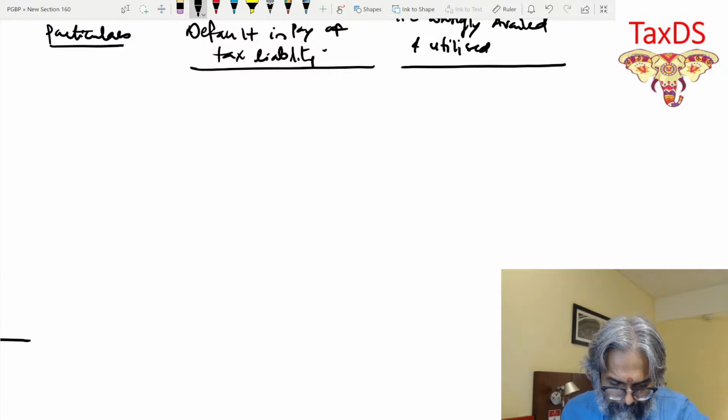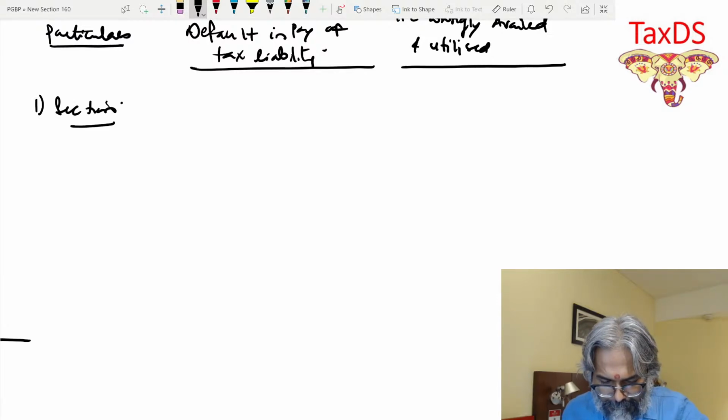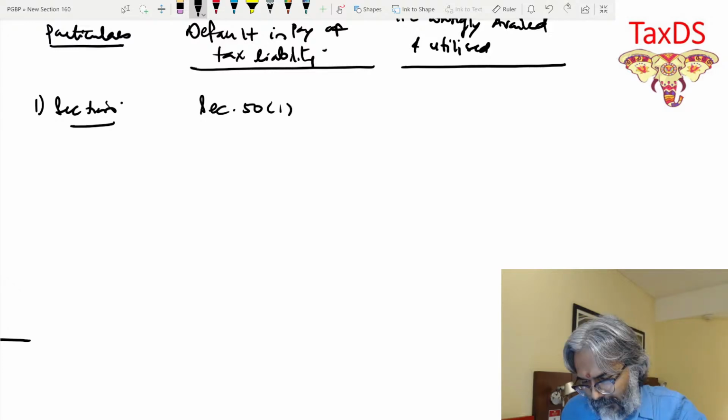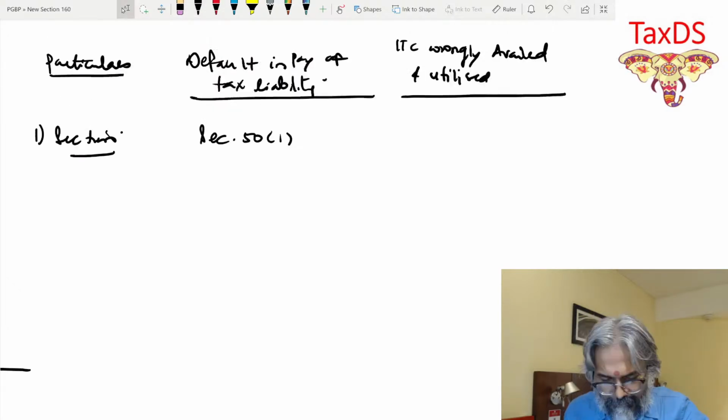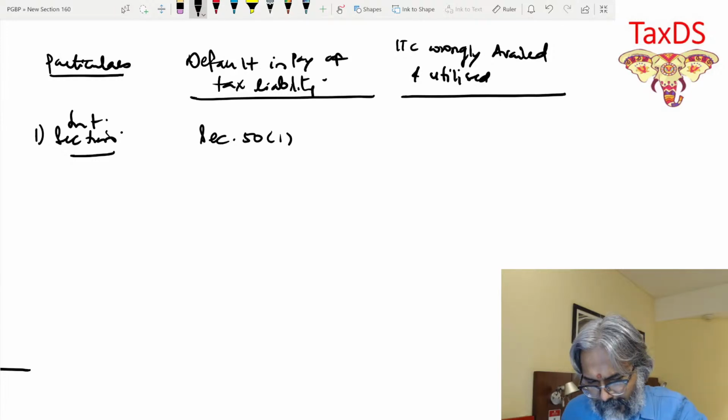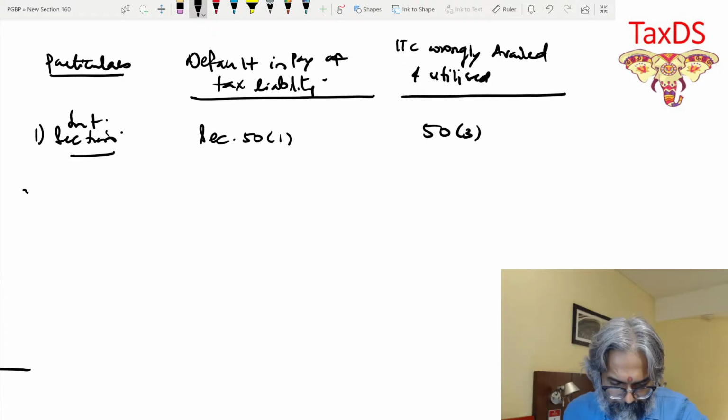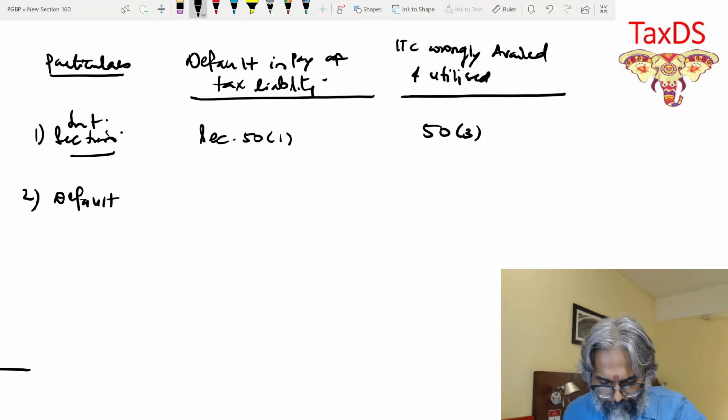Now, students, the first one is the applicable section, section 51, and for the interest section on the other side, it is section 53. What is the default for which this interest is supposed to be added?